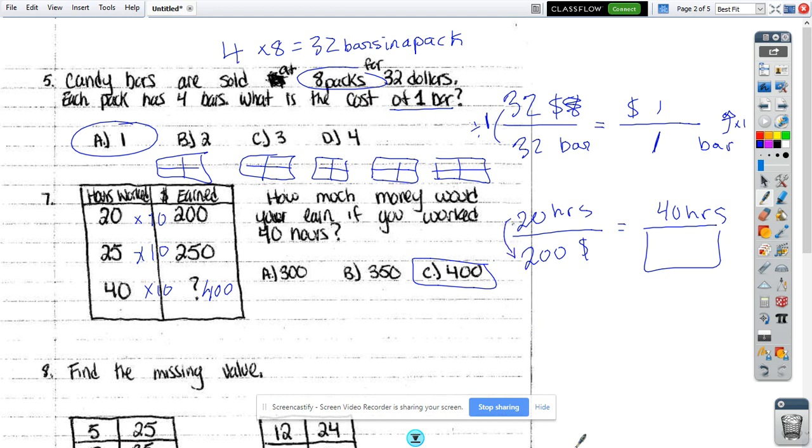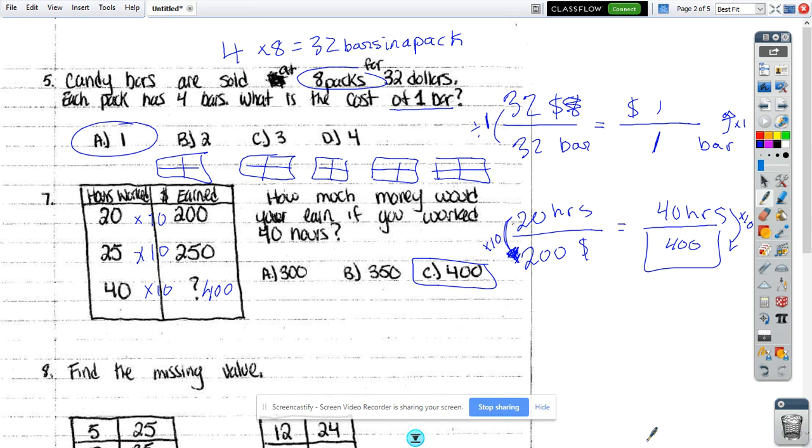Again, if we're going down, we divide, or you can multiply. This would be 200 divided by 20. And so I use my calculator. This would be times 10. And so that's going the opposite direction. Yeah, and this is right, times 10. And so my arrows need to go in the same direction. So I do times 10. 40 times 10 is equal to 400.